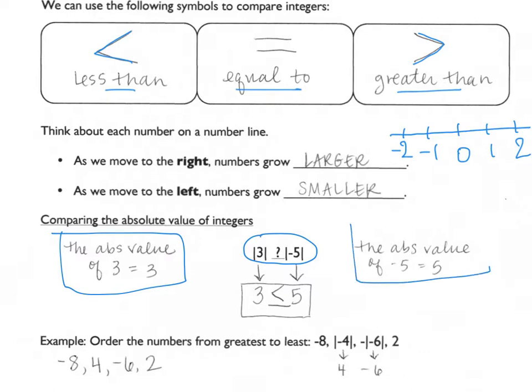And the absolute value of -5 is 5 because, again, we're moving 5 units on the number line. So as we're comparing, the absolute value of 3 is 3, the absolute value of -5 is 5, and we know that 3 is less than 5.